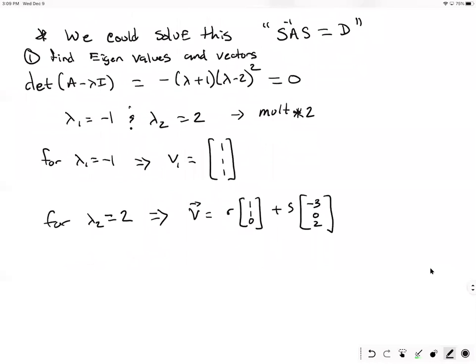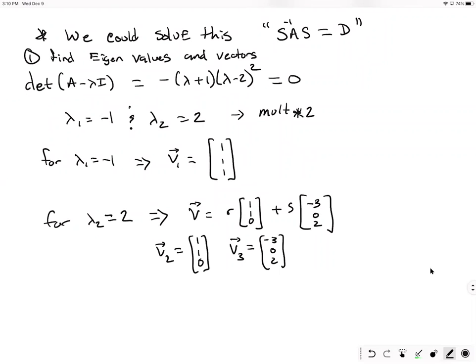So I got two linearly independent vectors there. And so I'm going to call V2 equal to 1, 1, 0 will work. And V3 equal to minus 3, 0, 2.